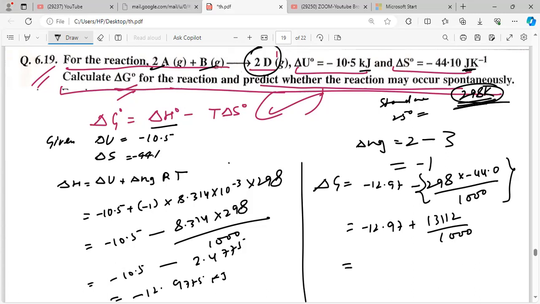So it is minus 12.97, and here is plus 13.112. So minus 12.97, what is going to come? Your answer is coming 0.142. This is plus. Delta G positive means that is going to be non-spontaneous.